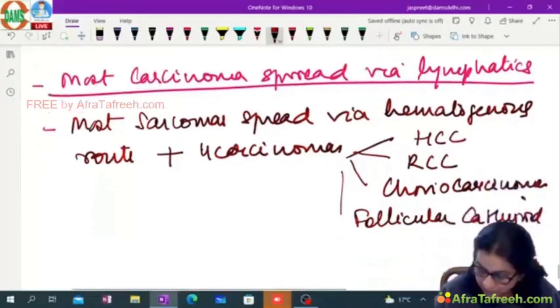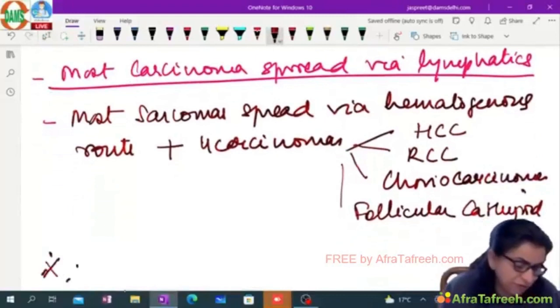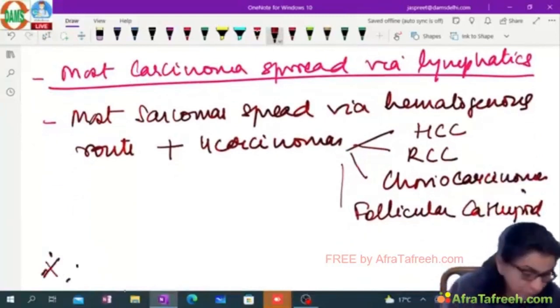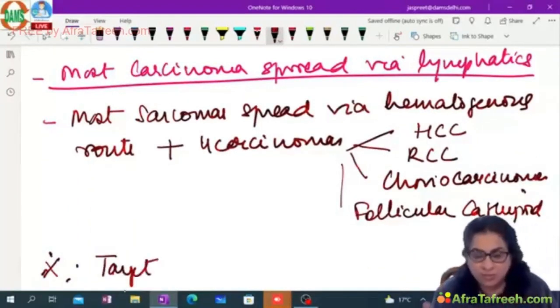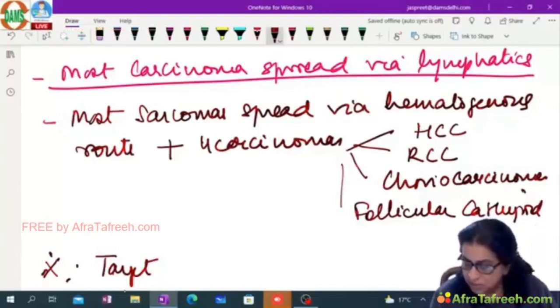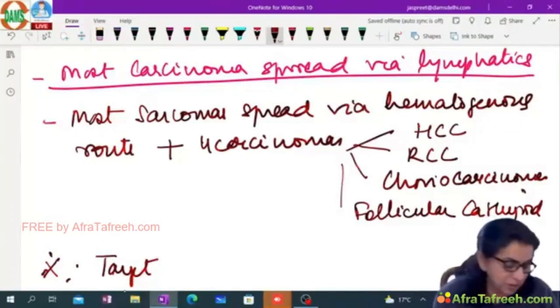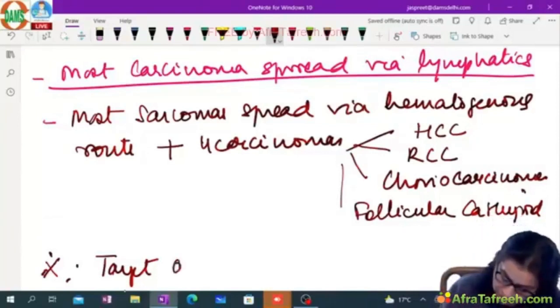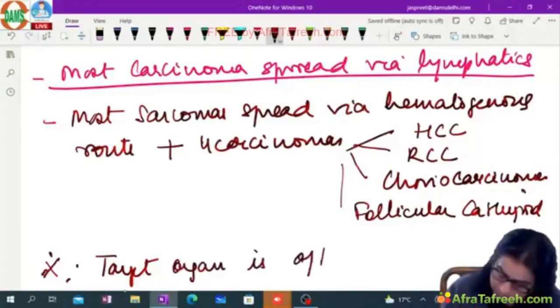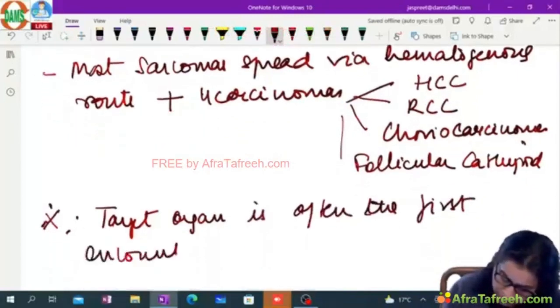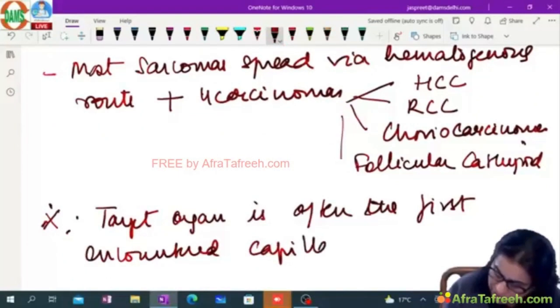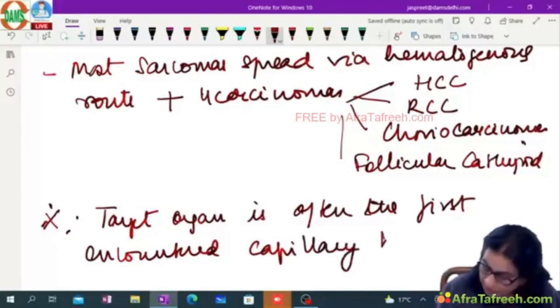The target organ is often the first encountered capillary bed. So the tumor will spread to the first encountered capillary bed.